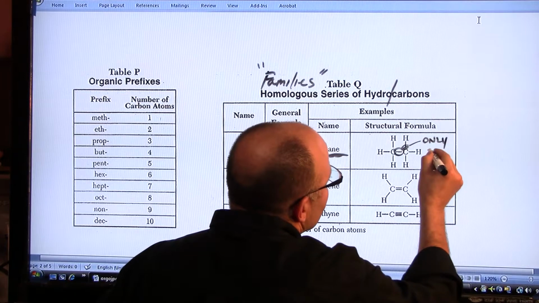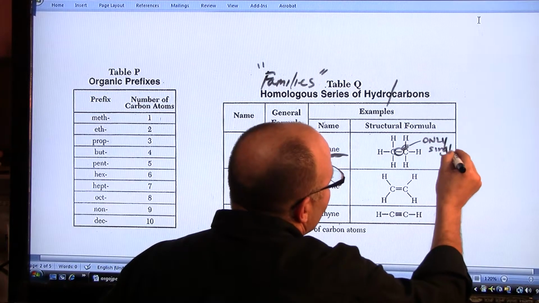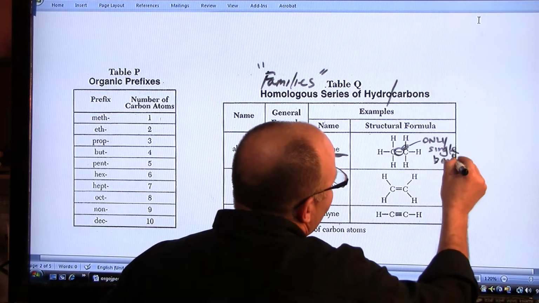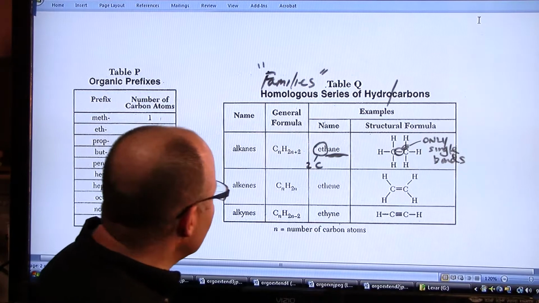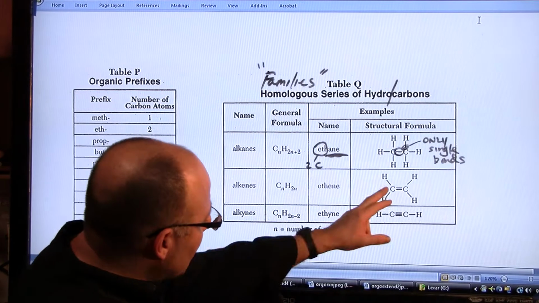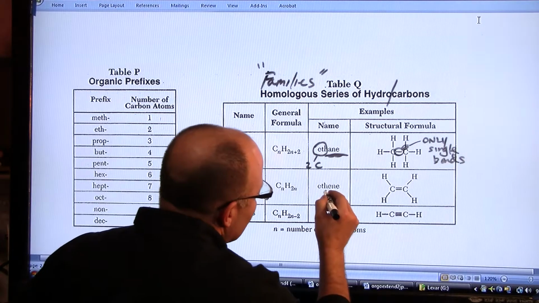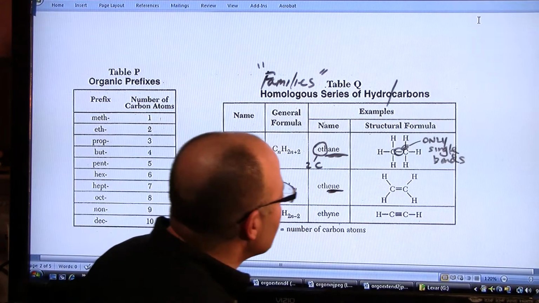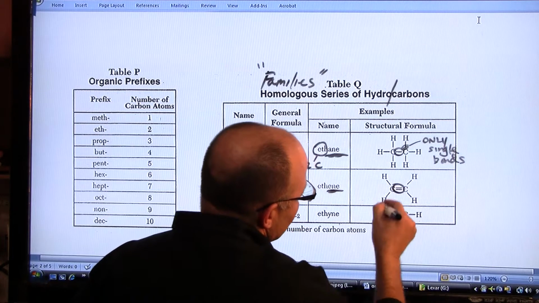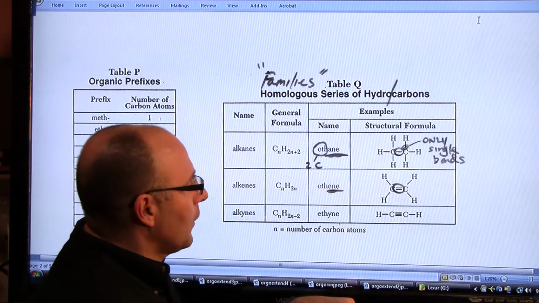So only single bonds in them. On the other hand, the second molecule is referred to as ethene because, again, it's a 2 carbon alkene. What makes an alkene is the presence of this double bond here, which looks like an equal sign.